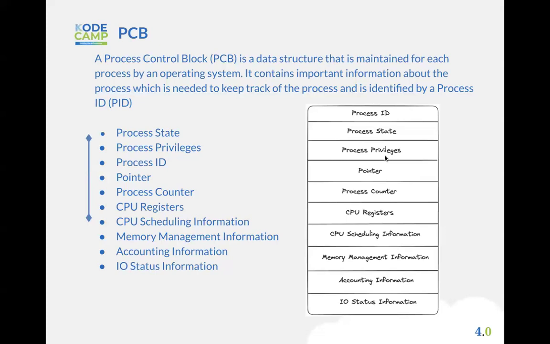It has a pointer, which serves as the address field to a particular place in memory. It has the process counter, process registers, scheduling information, memory management information, accounting information, and input/output status information, and some more depending on the operating system and what information the operating system is keeping record of regarding the particular process.